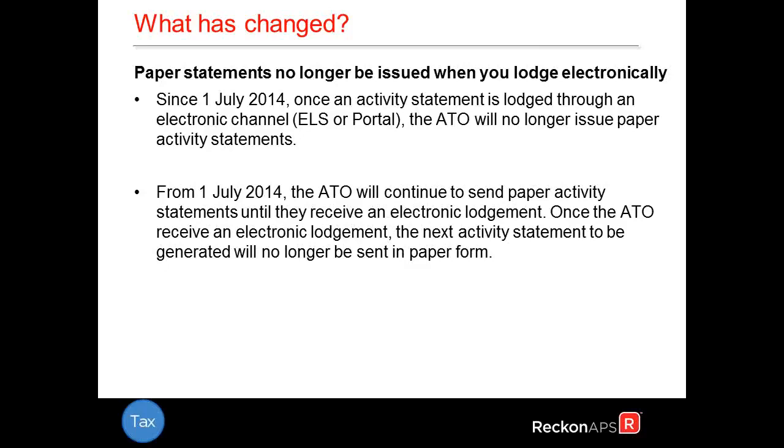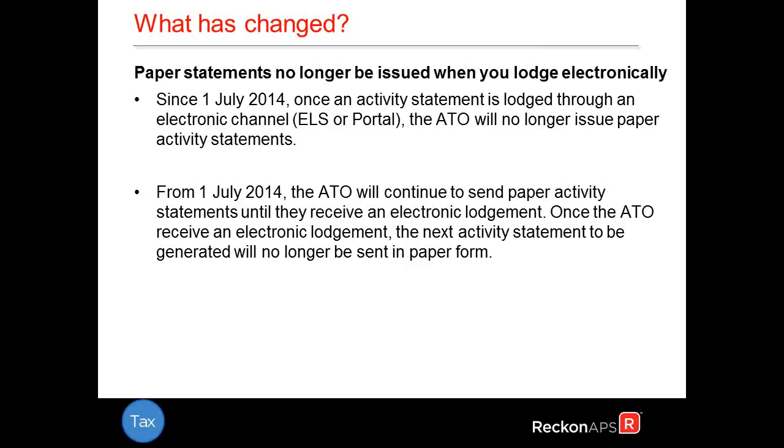Now, from 1 July 2014, the ATO will continue to send paper activity statements until they receive an electronic lodgement. Once the ATO receive an electronic lodgement, the next activity statement to be generated will no longer be sent in paper.